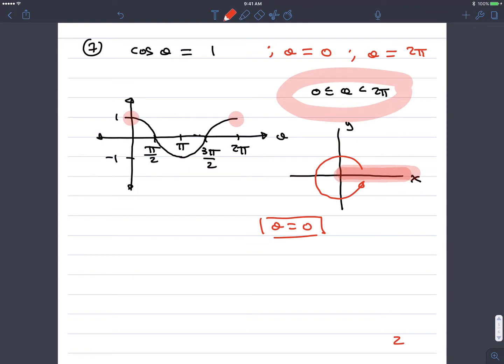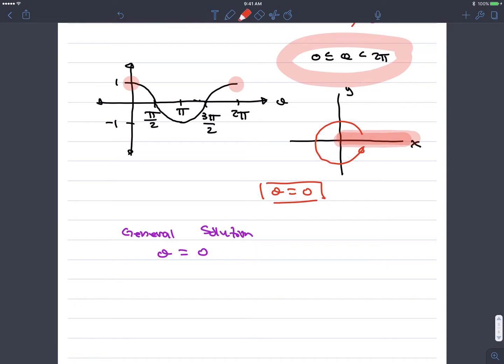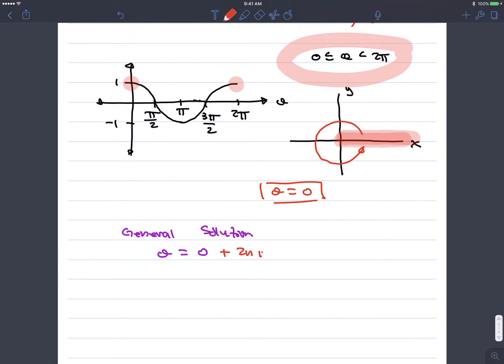How do we get the general? What would your general solution look like? Well, what do you do now? How do I get all the coterminal angles? If I say theta here is 0, how do I get all other coterminal angles to 0 degrees? Good. You're going to add a multiple of, let's put it in red, 2n pi.